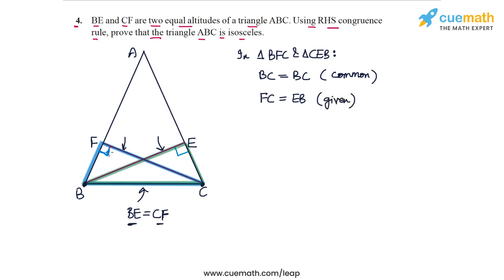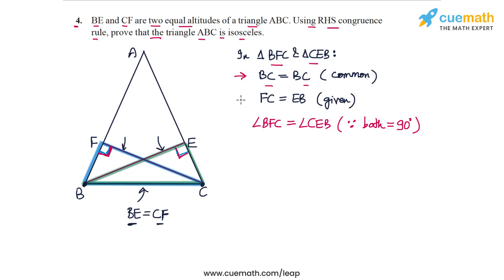Also we have this angle at F, 90 degrees, and this angle at E. Both of them are equal to 90 degrees because CF and BE are both altitudes. So we can say that angle BFC is equal to angle CEB because both angles are equal to 90 degrees. So in these two triangles, we have the hypotenuse equal, BC equal to BC because it's common.